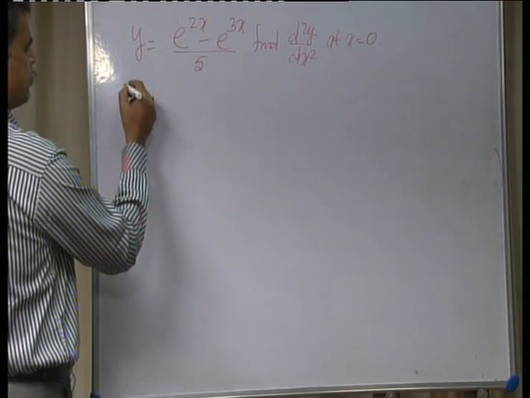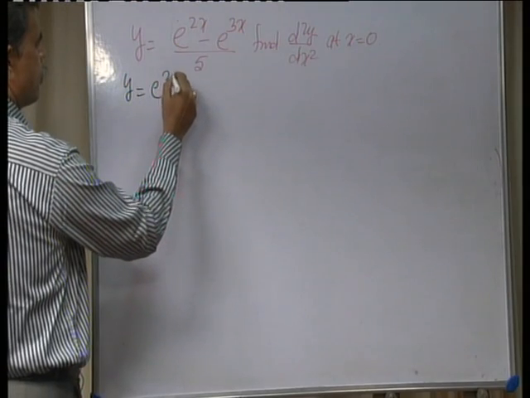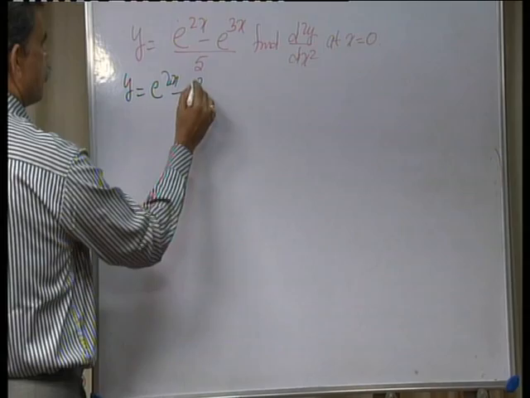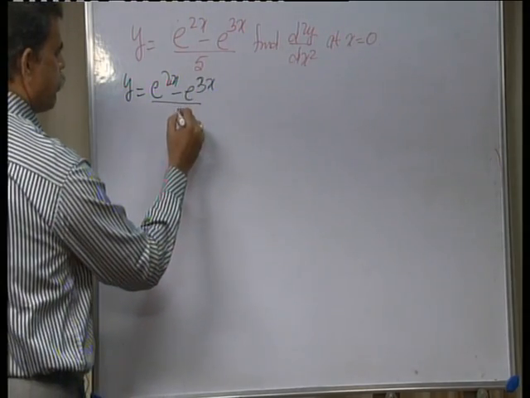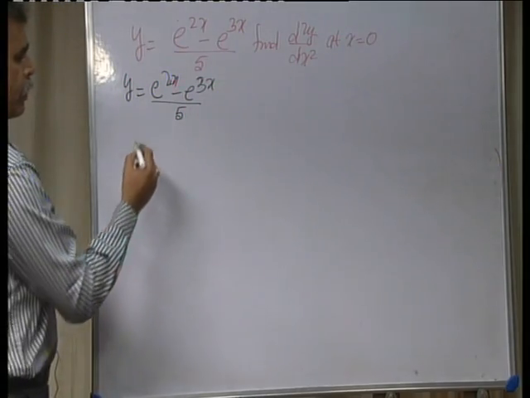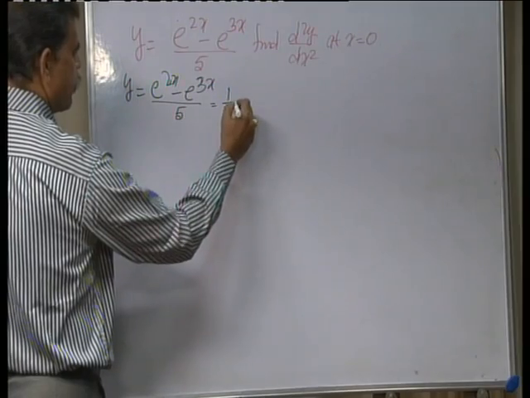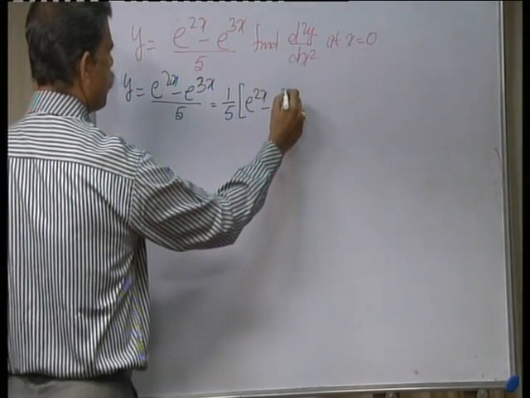Take the given function y is equal to e to the power of 2x minus e to the power of 3x divided by 5. Differentiate this. The denominator is a constant, so you can take 1 by 5 into e to the power of 2x minus e to the power of 3x.